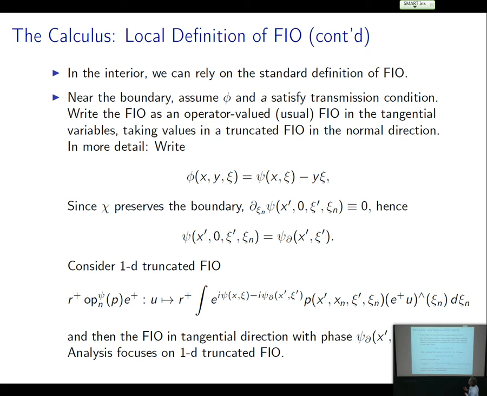You want them to satisfy the transmission condition, because otherwise it won't preserve smoothness. If you don't have this, it doesn't preserve smoothness. You write it as an operator-valued Fourier integral operator in the tangential directions. So in the tangential directions, nothing happens. It's only in the normal direction that something happens.